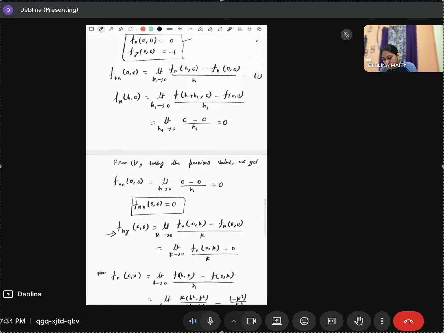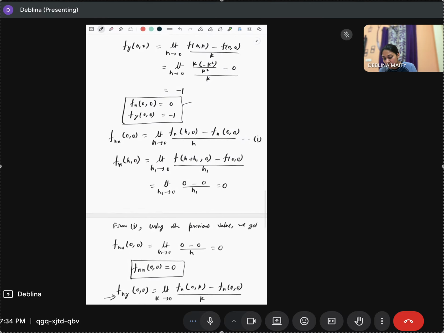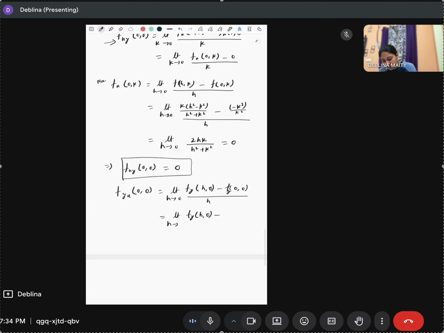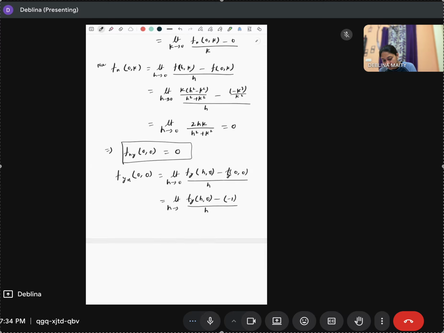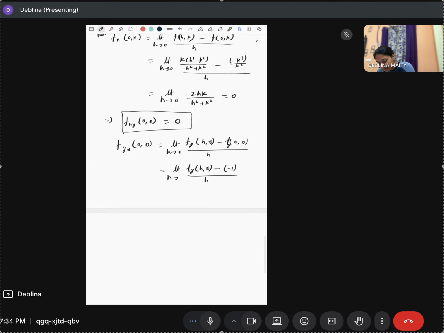Because fy(0,0) is minus 1. So you have to find fy(h,0), which is the limit as k goes to 0. So we are using the definition again and again, right? So this is f(h,k) minus f(h,0) by k, which is fy(h,0).